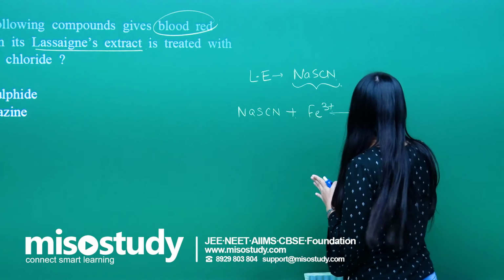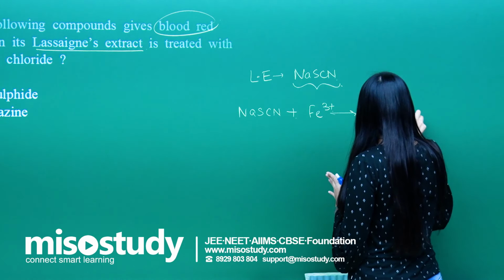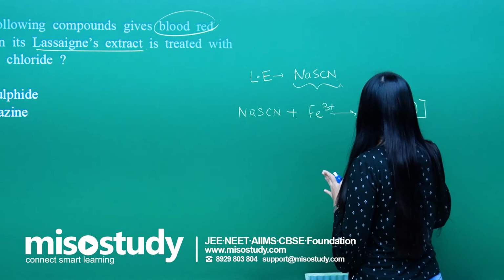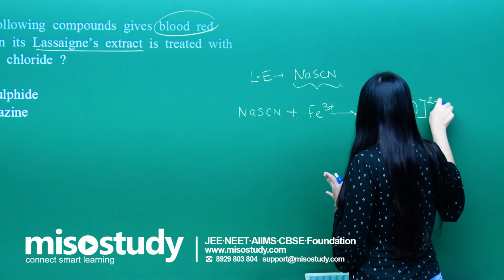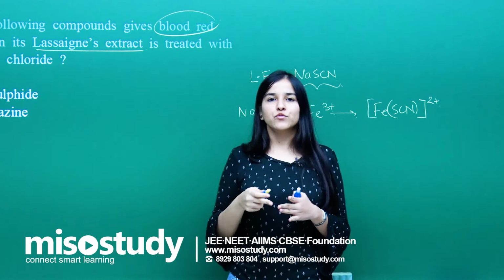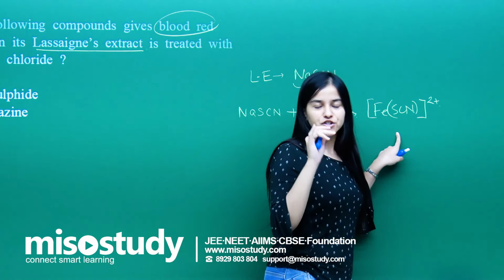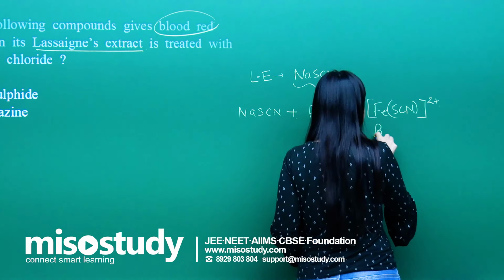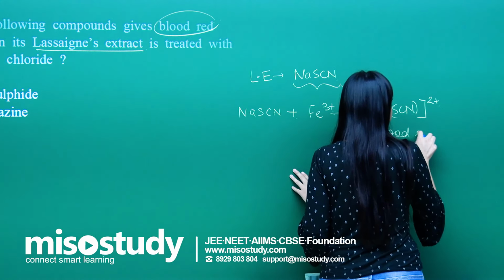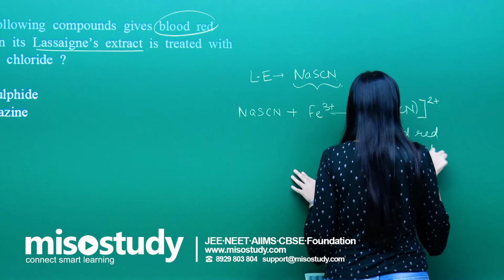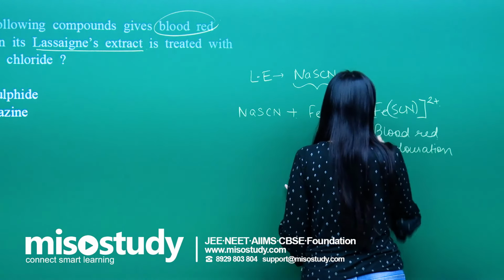Now what is the compound which is formed? So that is the compound which is formed, which actually is responsible for the blood red coloration in the solution. So that is blood red coloration, right?